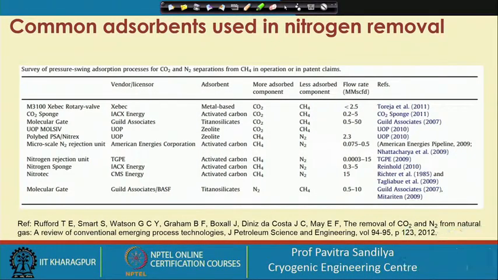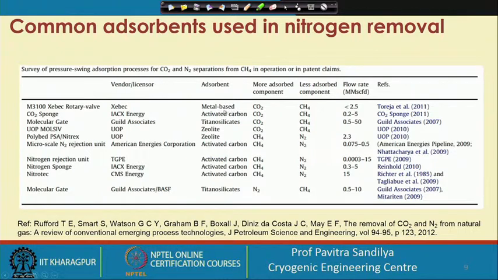In this table, we have listed some of the commonly used adsorbents for nitrogen removal. Different references have been given here, along with the vendors who can supply these kinds of adsorbents. Some are metal based, some are activated carbon, then titanosilicate, then zeolite, and we see which of the components is selectively adsorbed on each adsorbent.